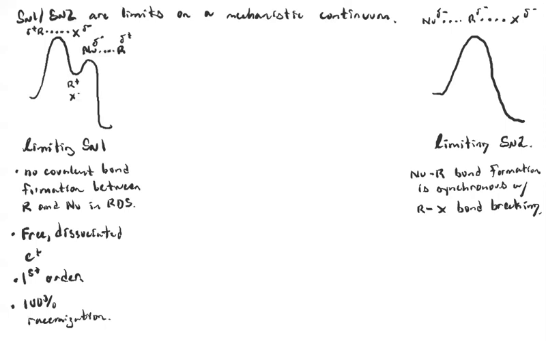There is in the SN2, of course, no discrete carbocation. Your substrate proceeds through a single transition state. There are no intermediates. Because you have a single transition state, that is by definition the rate determining step.